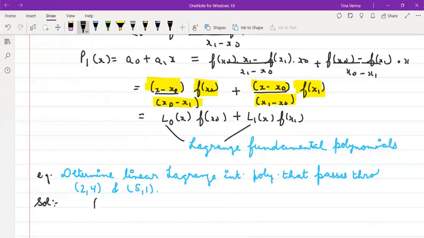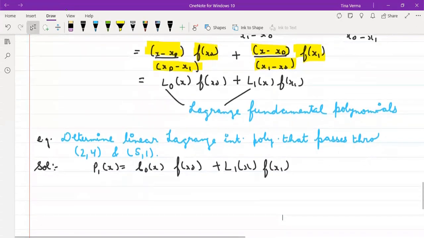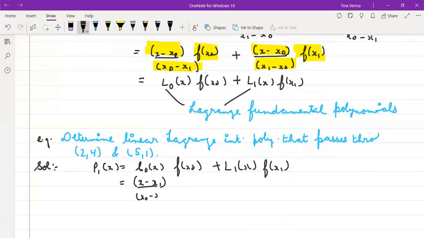By the linear polynomial formula, P1 of x is equal to L naught x into the function's value at x naught, plus L1 x into the function's value at x1. So L naught x is x minus x1 divided by x naught minus x1, into the function's value at x naught, plus L1, that is x minus x naught divided by x1 minus x naught, into the function's value at x1.